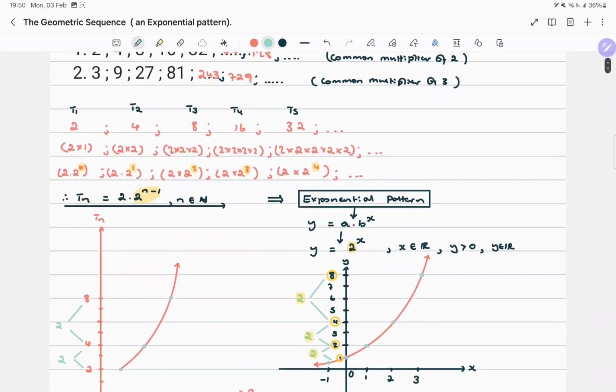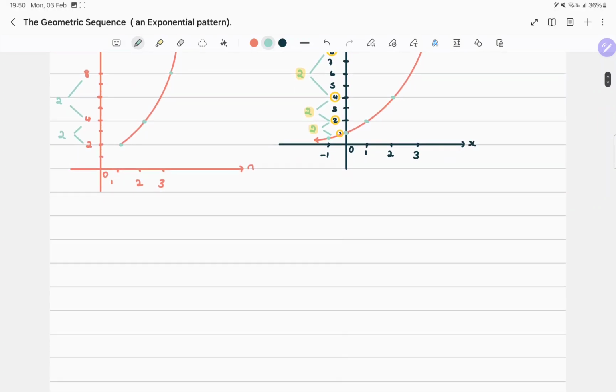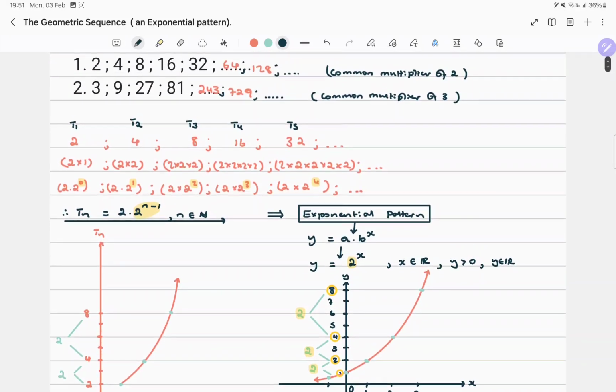Okay, all right, guys, I'm not going to do the graph for the second one. We're just going to explore the second one for its general term. Okay, this was just the first one.